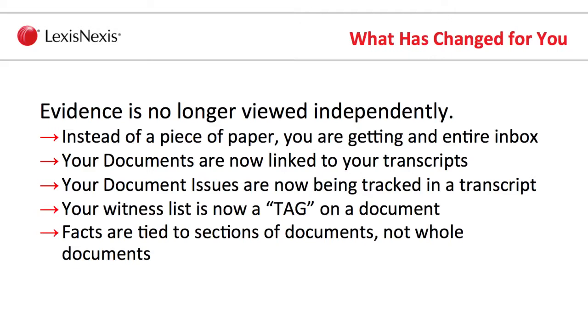We would then take our transcripts that our court reporters would give us, and we would be looking at those in something like a deposition management tool or a transcript management tool like our TextMap product. Well, what's now happened along the way is the court reporters started sending you your document linked to your transcript. So if you had traditionally taken a hard copy home and maybe highlighted a hard copy of the transcript while you were preparing for a witness, that highlight or that annotation that you were putting on that transcript now references a document.